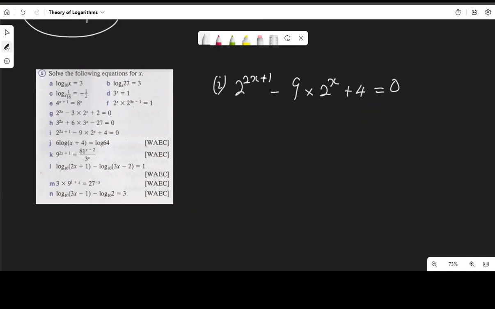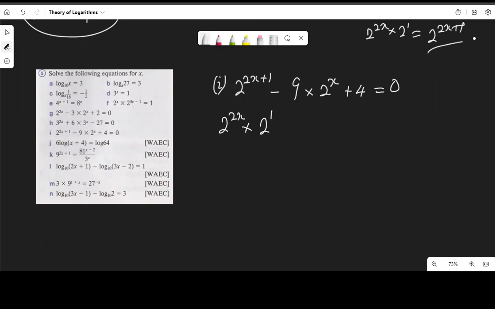Here, because of this plus 1, I will write it as 2 to the power of 2x times 2 to the power of 1. Applying the first law of indices, if I have 2 to the power of 2x times 2 to the power of 1, and I want to turn it to a singular index, that should be 2 to the power of 2x plus 1, which you already know.